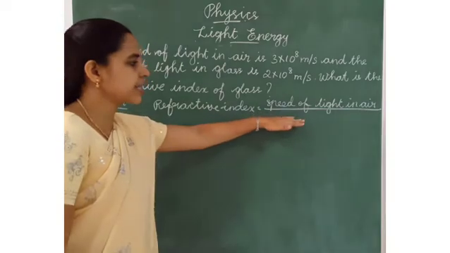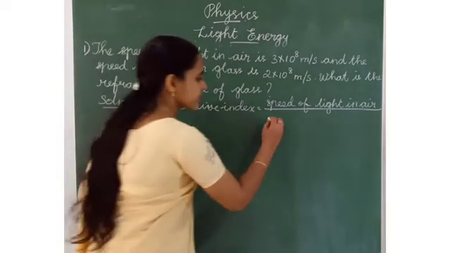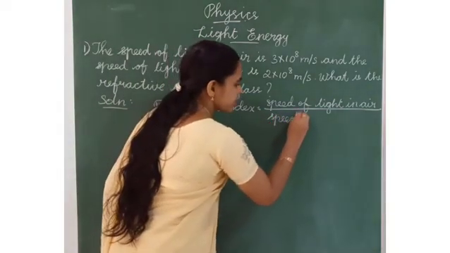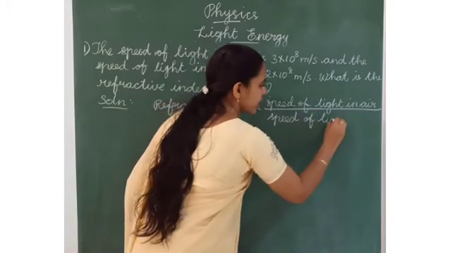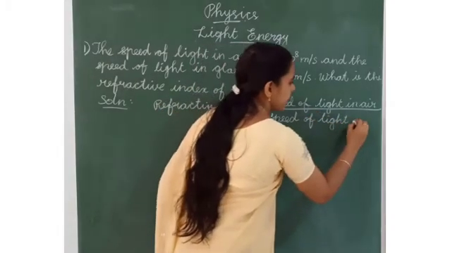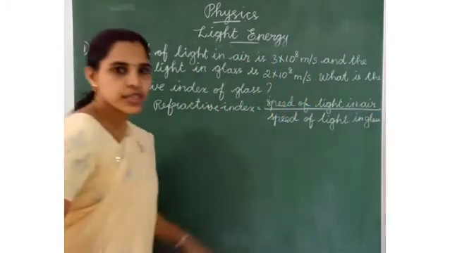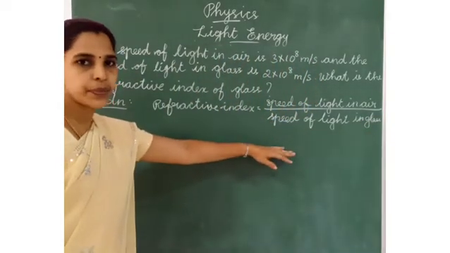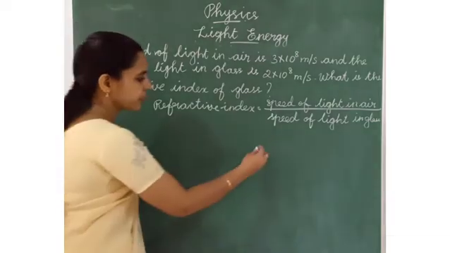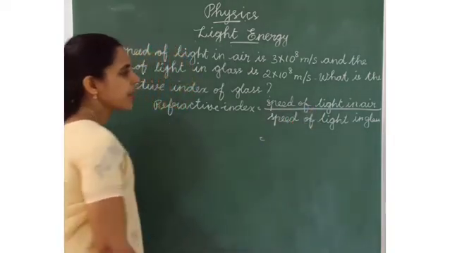So we can write here speed of light in glass. You should mention the formula. Before doing the problem, you should mention the formula. Then speed of light in air.